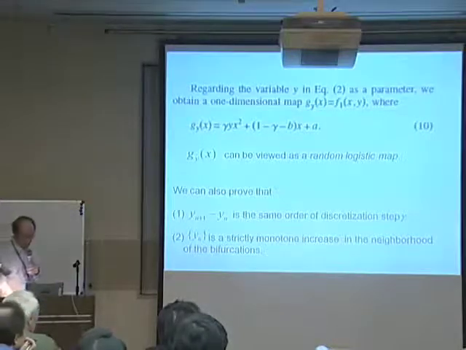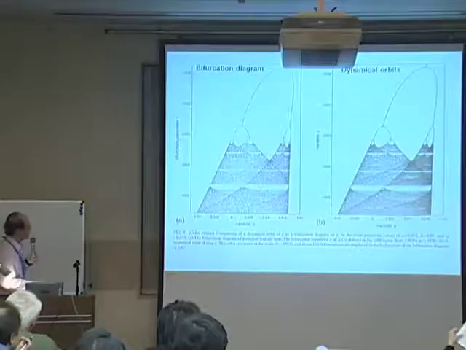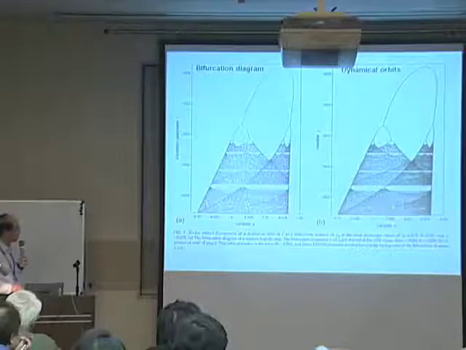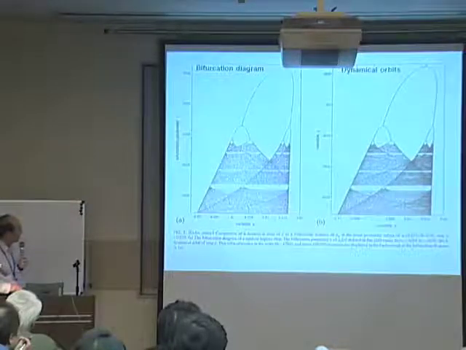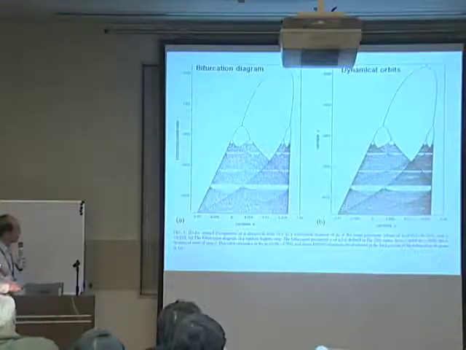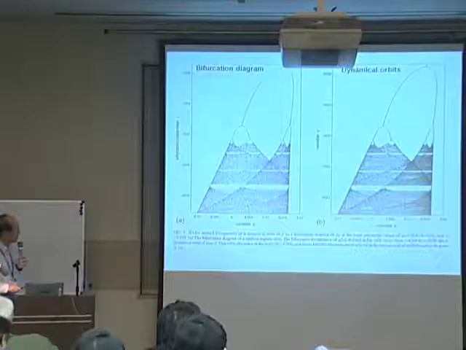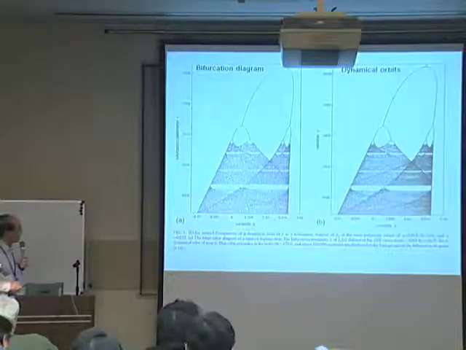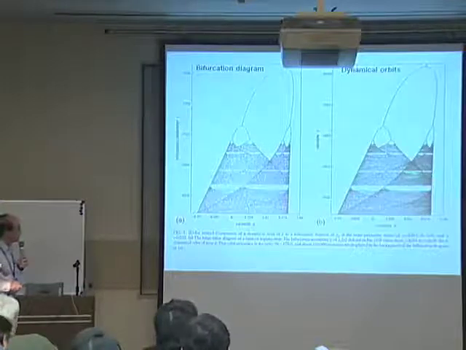So as a result, the right figure shows just one orbit starting from the initial condition around here. The dynamical orbit experiences very chaotic motions, but slowly changing in the y variable, and it experiences many bifurcations.